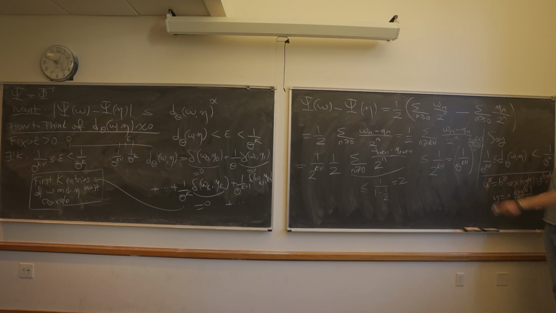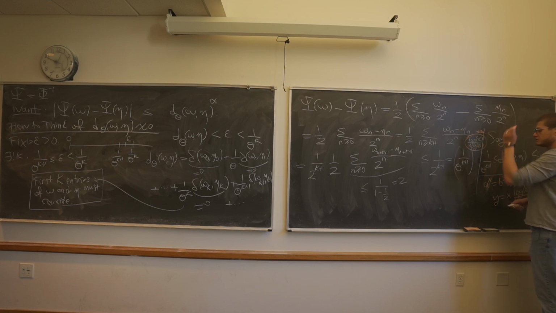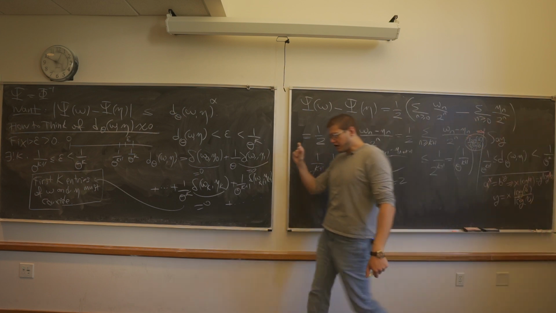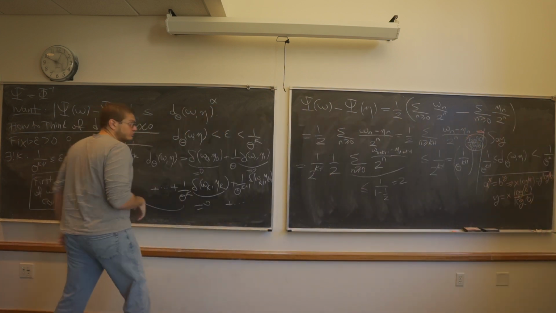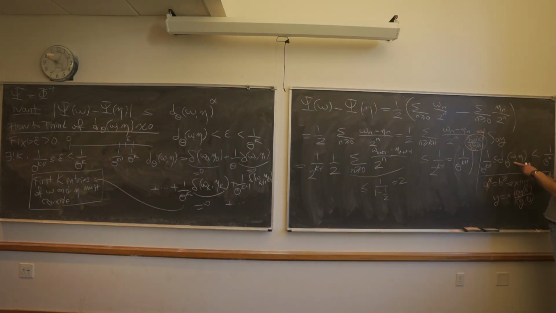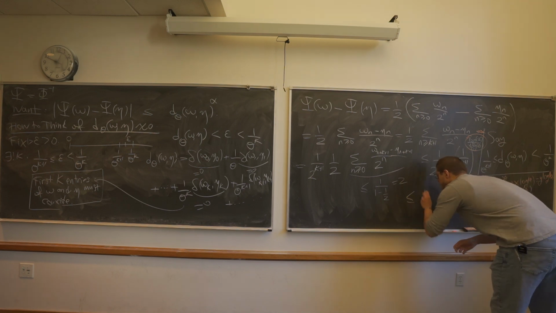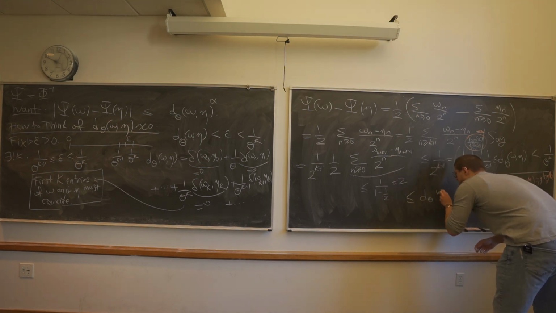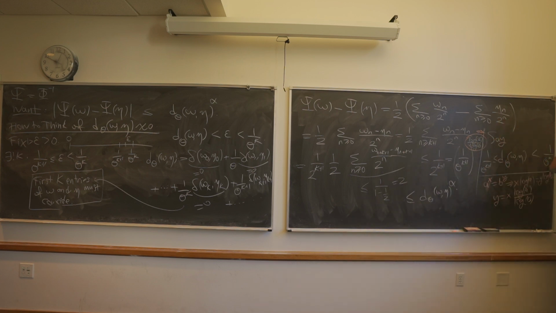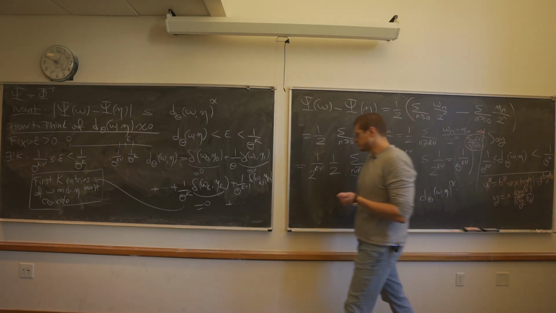Now that is going to be my alpha. So you see the Hölder exponent is somehow the cost for changing the units when it comes to information. But then you see, this guy is bounded by this, so this is d sub theta of omega and eta, to the alpha. Okay, so I was able to show this.